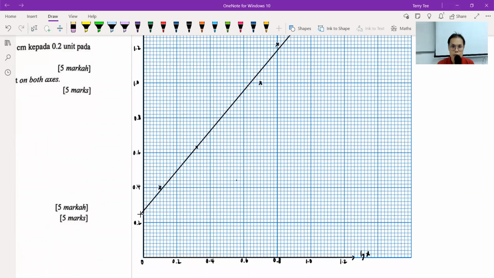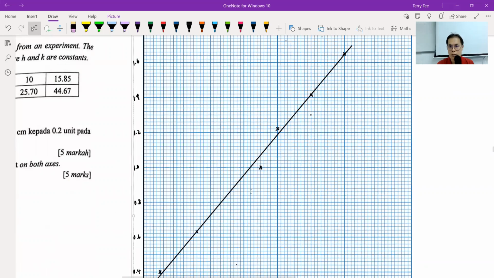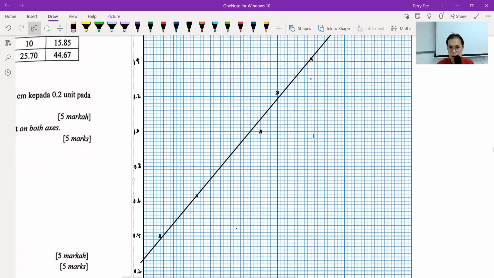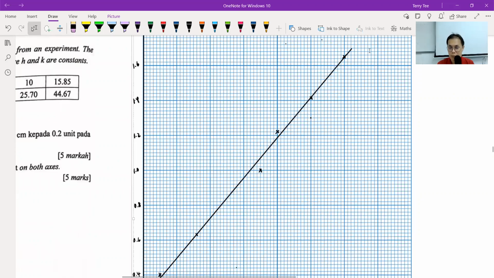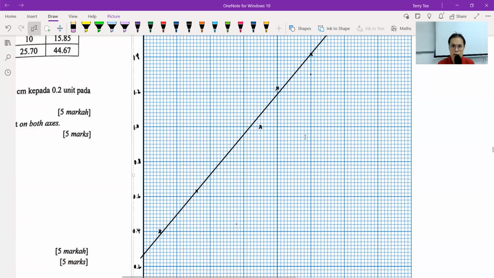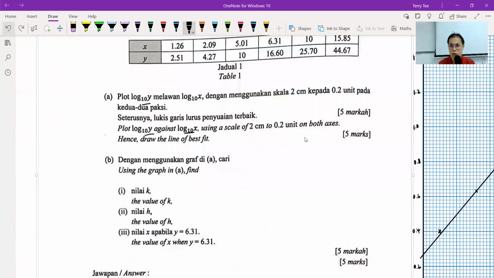So I think I need to move this down a little bit. Okay. So you can see there are 2 points above, 1 point below, but this point is quite far below compared to the rest, right? Okay, the rest are okay. 3 points on the line of best fit. Yeah. 2 points above, 1 point below, I think it's fine. Okay. Just this point over here may not be good. Maybe a wrong value.